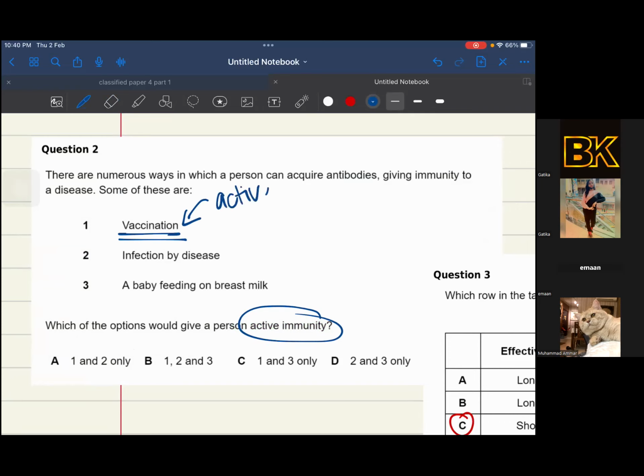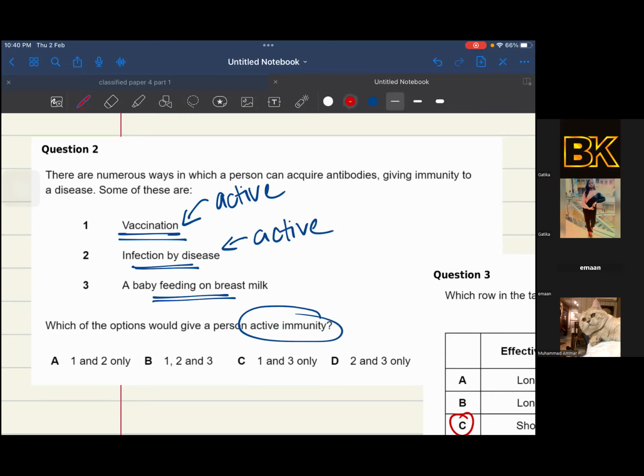Right. Second one, infection by the disease. I'm getting the disease, my lymphocytes are fighting it off, they are activated, even the memory cells are produced. So, active or passive? Active.